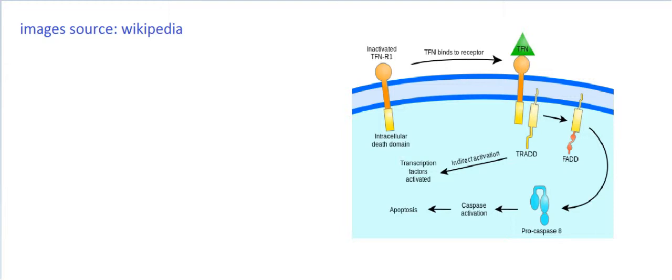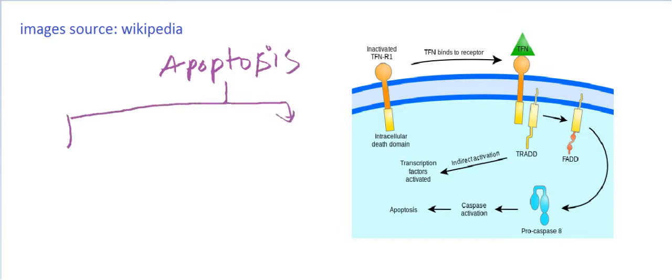Now, when dealing with apoptosis, we'll be dealing in a little more detail. Apoptosis can follow two pathways. One is the extrinsic pathway, and another one is the intrinsic pathway.